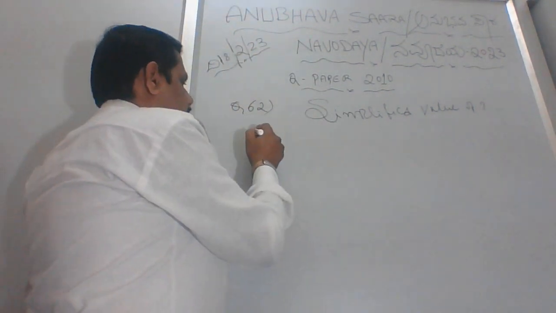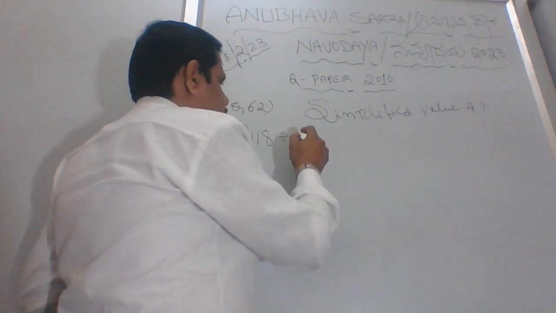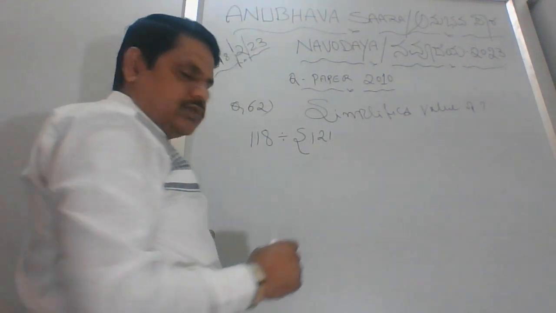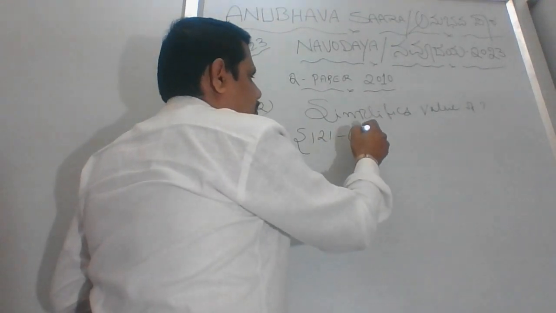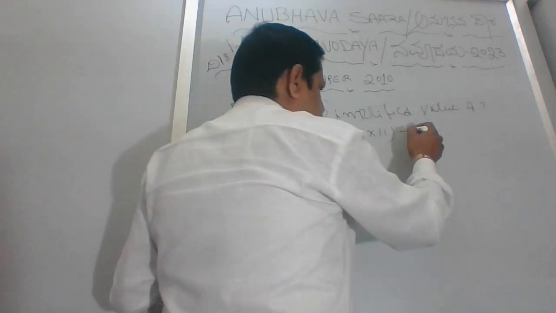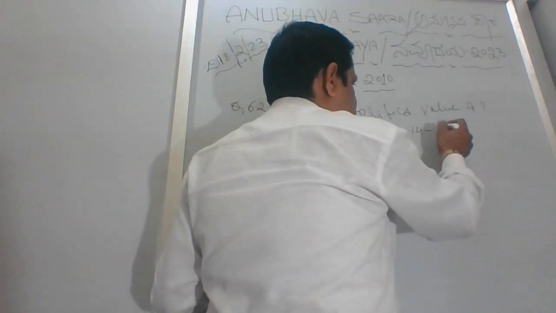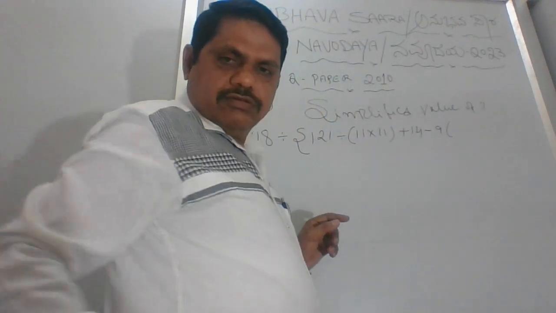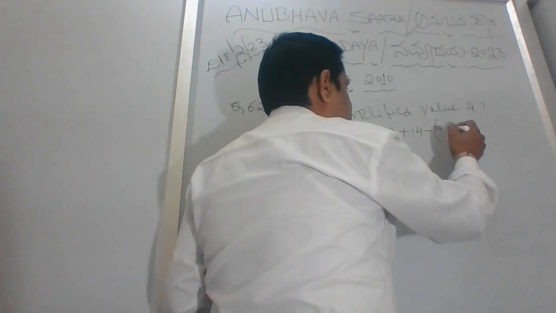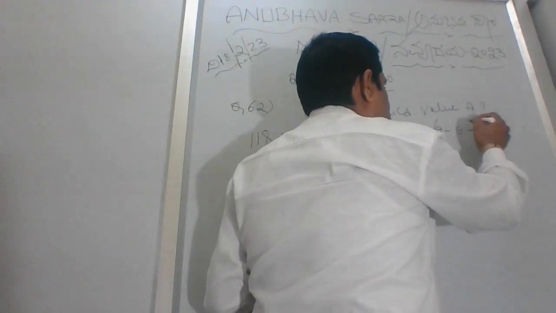Simplified value of 118 divided by flower bracket 121 divided by small bracket 11 multiplied by 11 plus 14 minus 9, oh, the bracket will start here before 9, 9 minus 6, yeah, 6 minus 2.